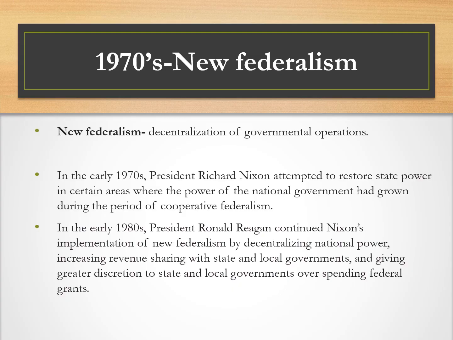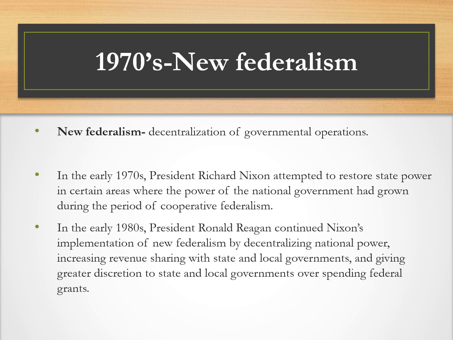So we go from the 1930s kind of working together, and we have about a 40-year time frame until a new form of federalism comes into play.